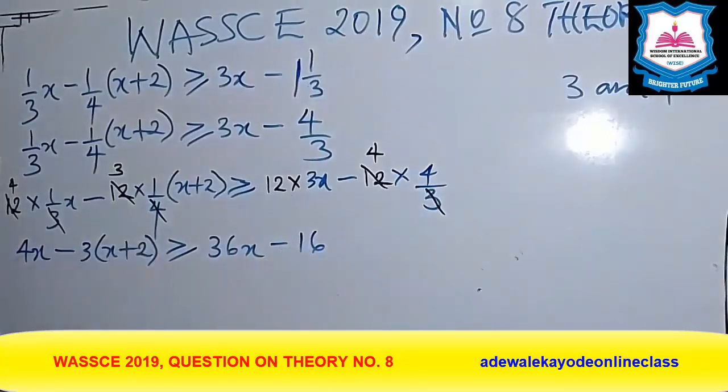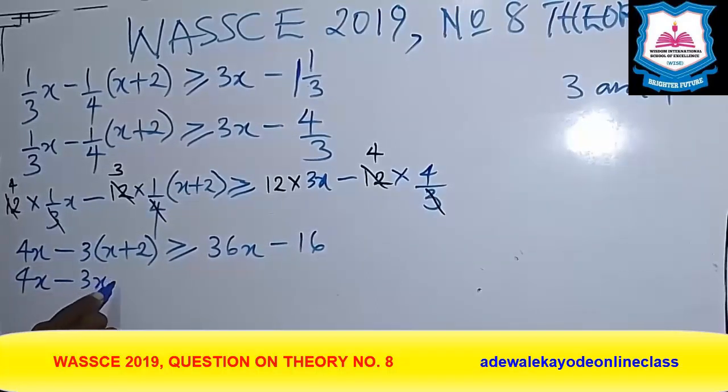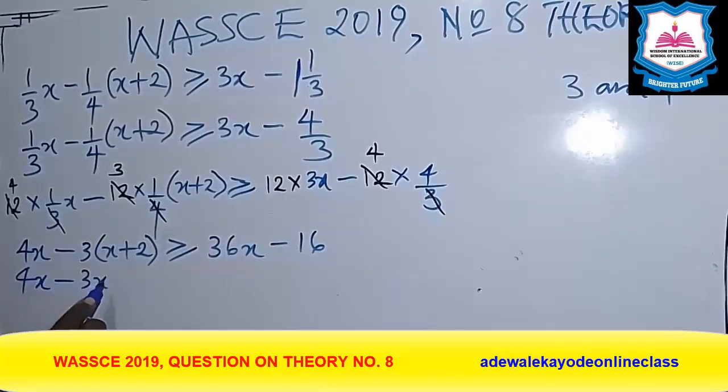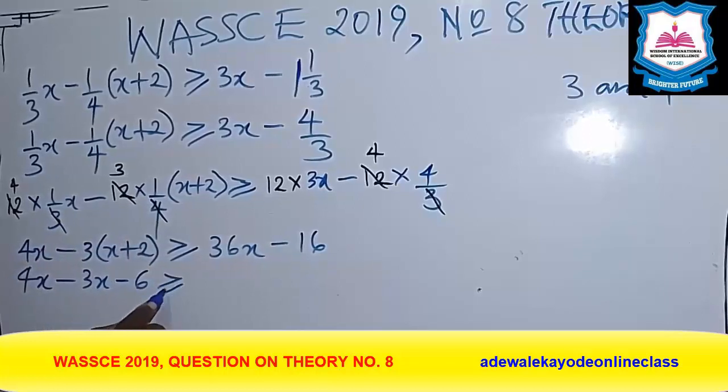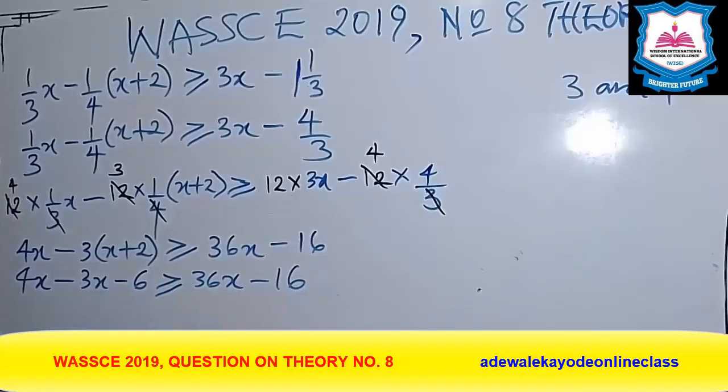So let's clear this bracket quickly: 4x minus 3 multiplied by 3x, then minus 3 multiplied by 2, will give us 6, greater than or equal to 36x minus 16. At this juncture, you are expected to collect the like terms.